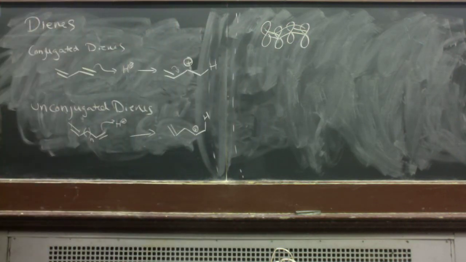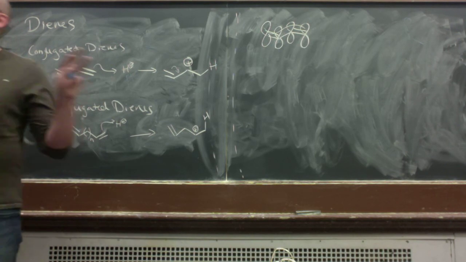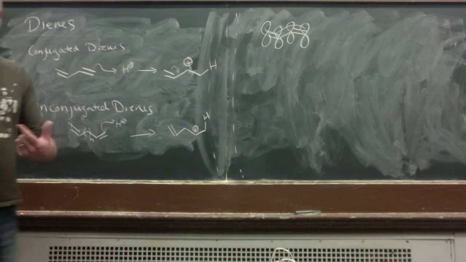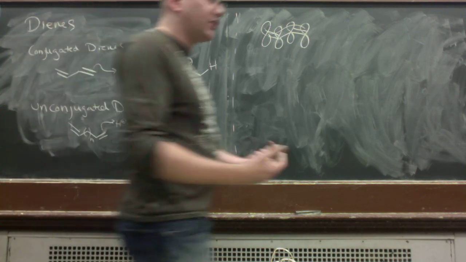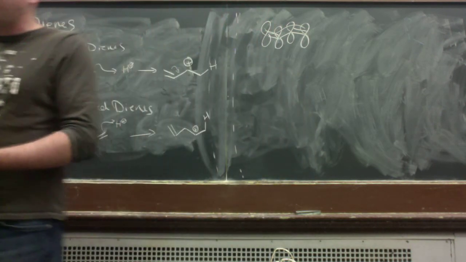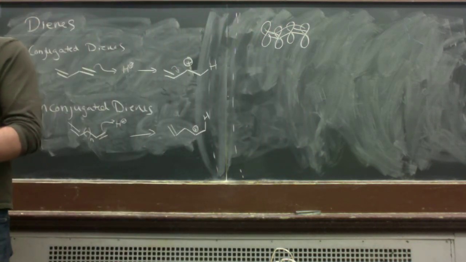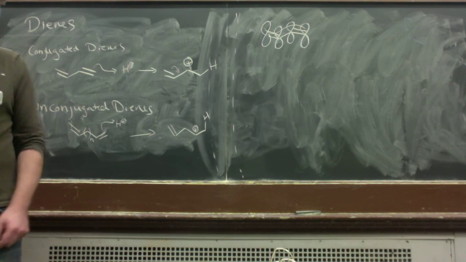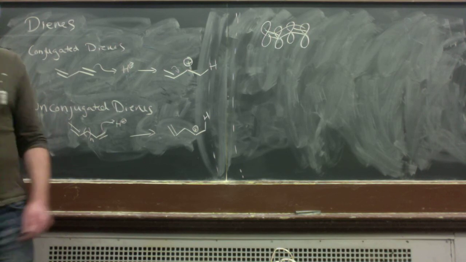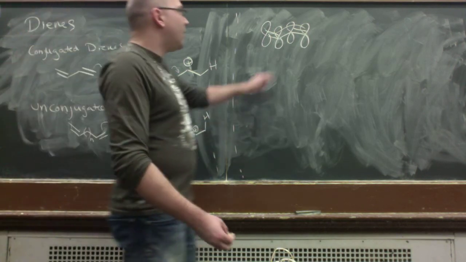Oftentimes when we look at dienes, we don't think about them as two double bonds. We look at them as a collection of four p orbitals together, and thus the chemistry, as we'll see moving forward, can be dictated and explained based upon some of the principles of what we can call valence orbital theory, if we want to think about it at that level.